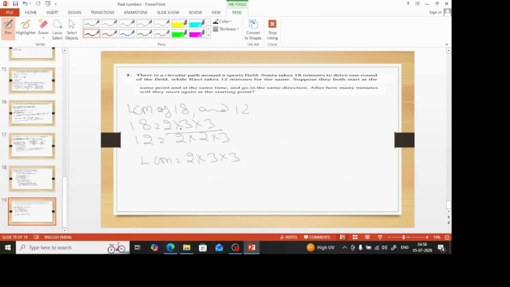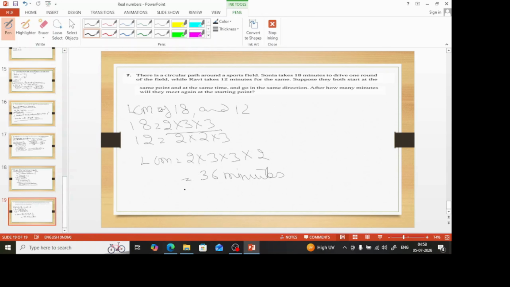Now 2 has already come, so we will not take it again; 2 has come only one time in 18, so we take one more 2. If we multiply these, 2 into 3 is 6, and 6 into 6 is 36 minutes.